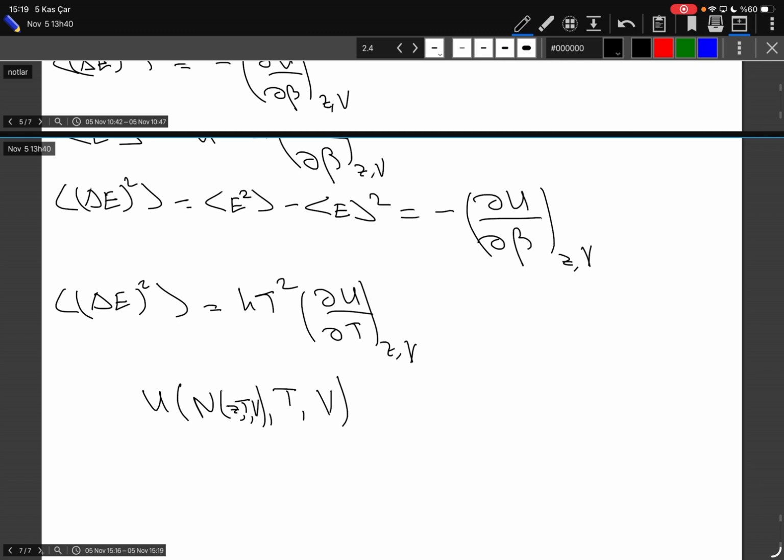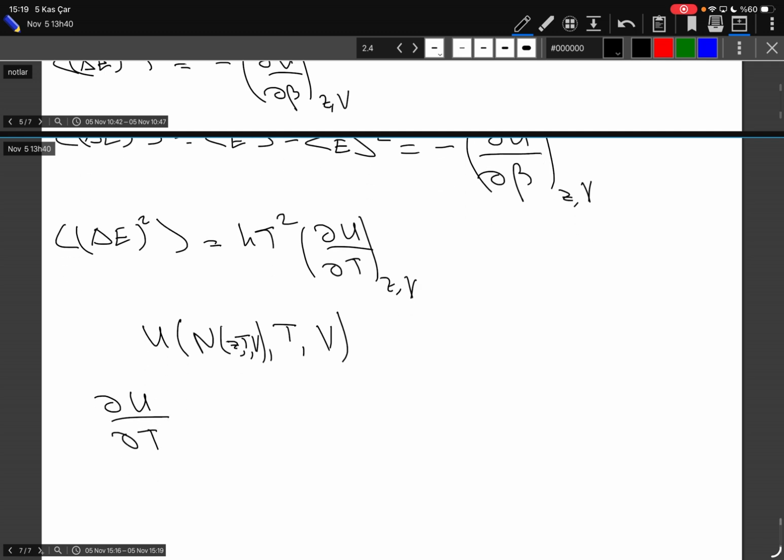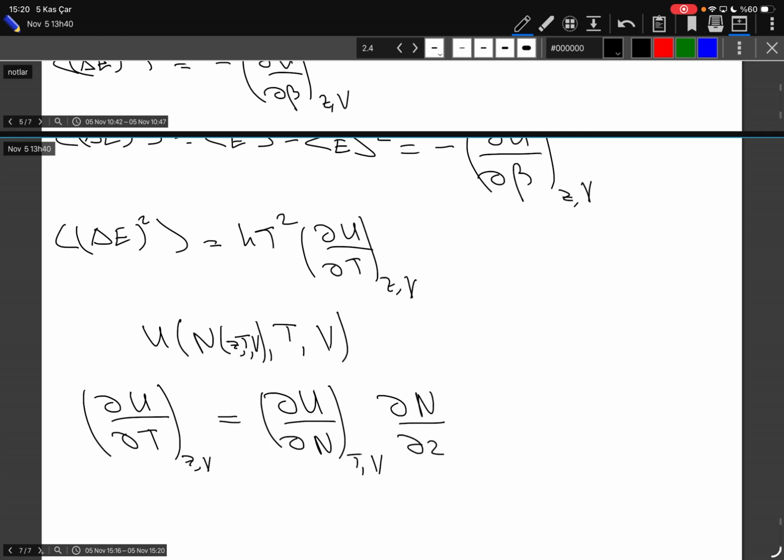Now, if I take the derivative of this expression with respect to T at constant Z and V, I'm basically taking its derivative with respect to N, the first argument, keeping the second and third arguments constant, then taking the derivative of N, the second argument, with respect to Z. That is where one of the temperature dependencies of U comes from.